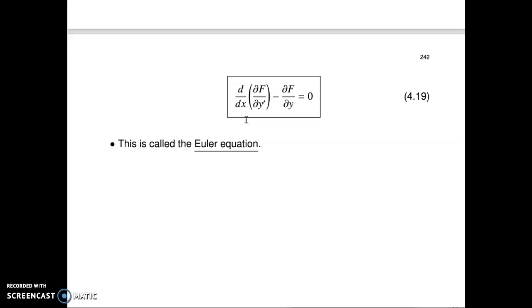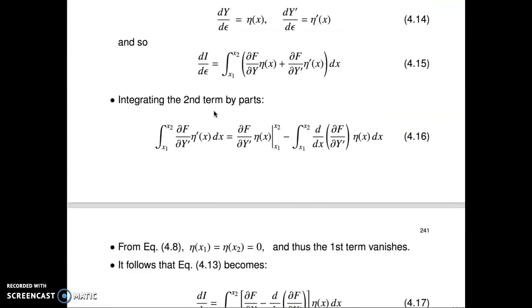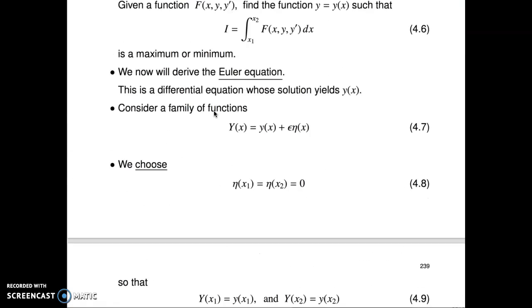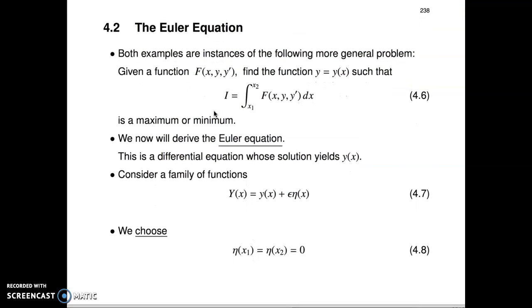And if you can solve that differential equation, then you will answer the question that we're asking. Going back up here, if you have an integral, call it I, where the integrand depends on x, depends on y, which is a function of x, and its derivative, you want to know what this function y is that either maximizes or minimizes this integral.